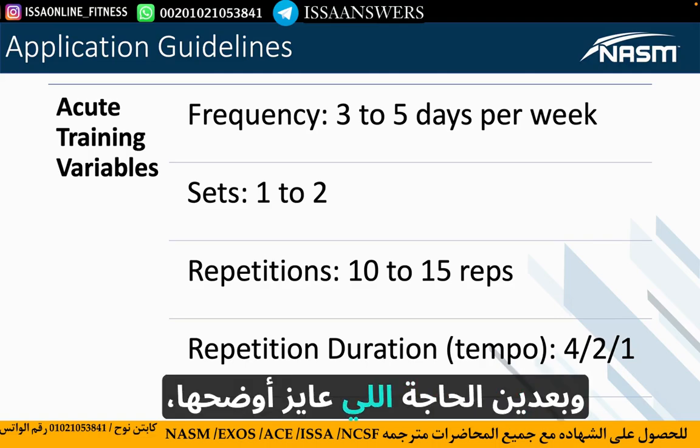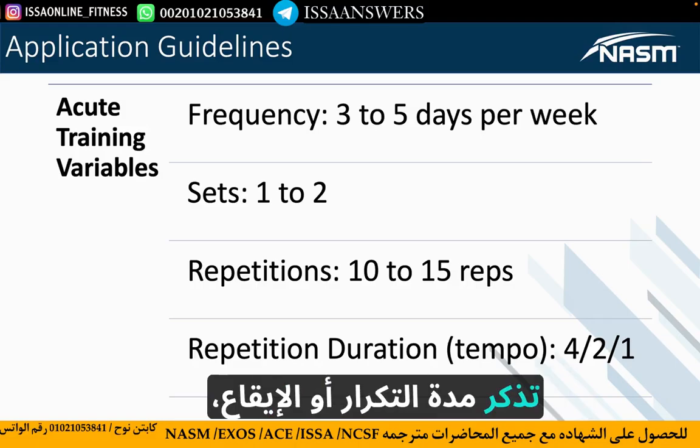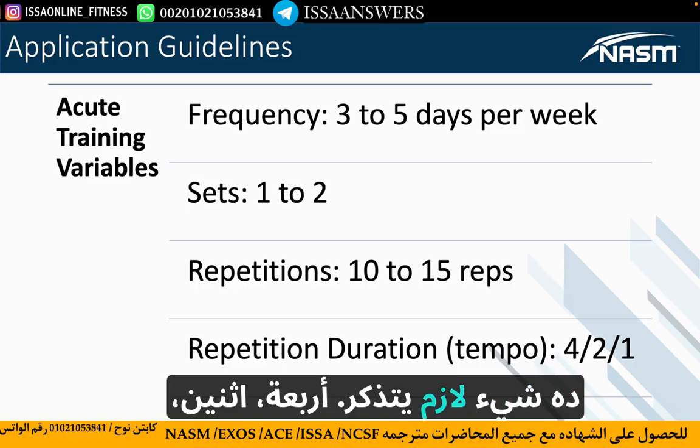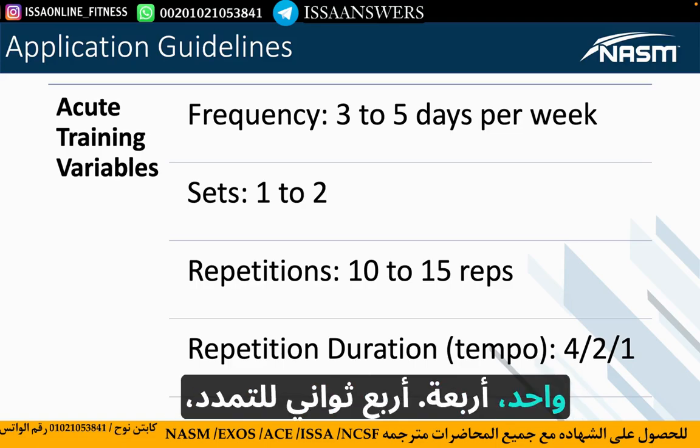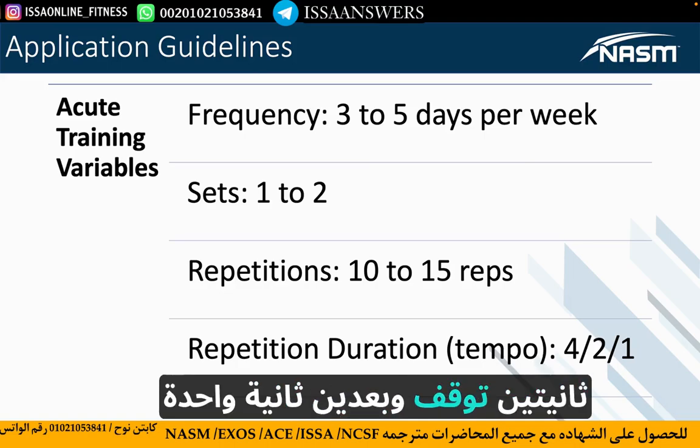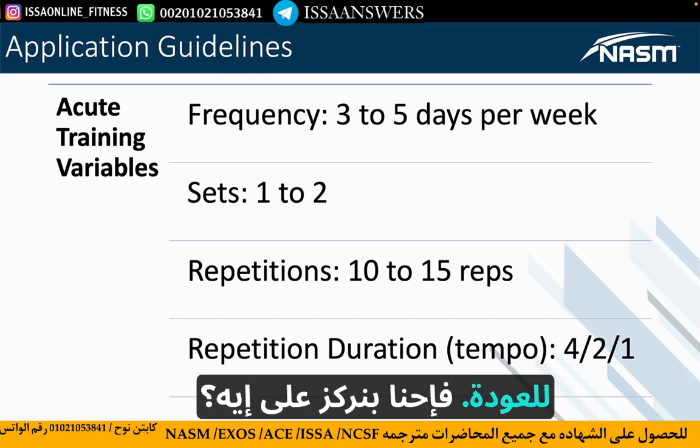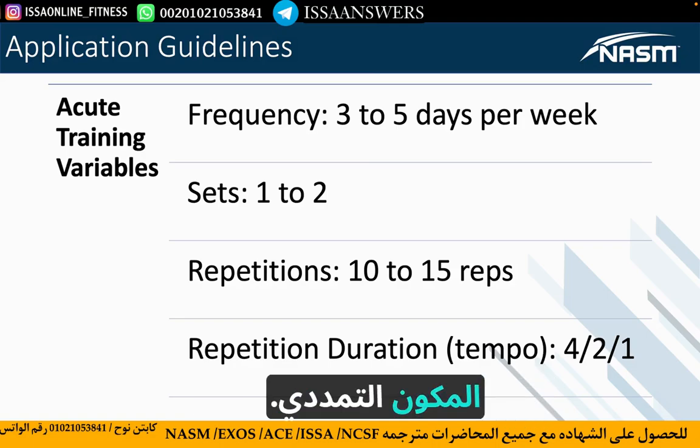And then the one thing I do want to clarify, remember repetition duration or tempo. This is something that needs to be remembered. 4-2-1, 4 seconds of eccentric, 2 seconds of pause, and then 1 second of return. So what are we focusing on? The eccentric component.